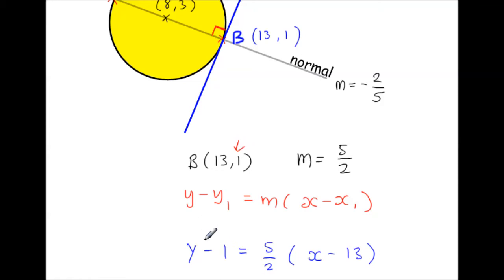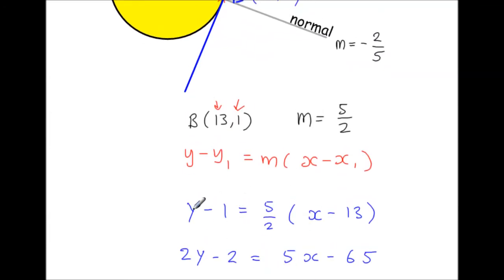So we've got y minus 1 is equal to, the gradient is 5/2 here, times x minus the x coordinate, which is 13. And then if we multiply by 2 here to get rid of the fraction, and the 2 will cancel on the right hand side when we multiply by 2, and then we can multiply that 5 with the x minus 13 to get this.